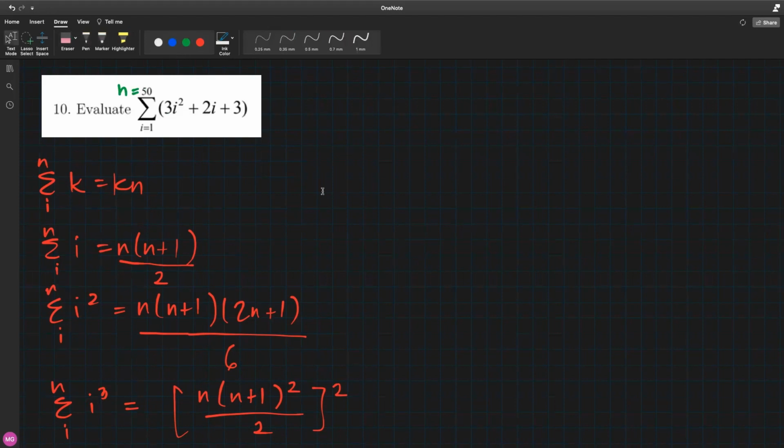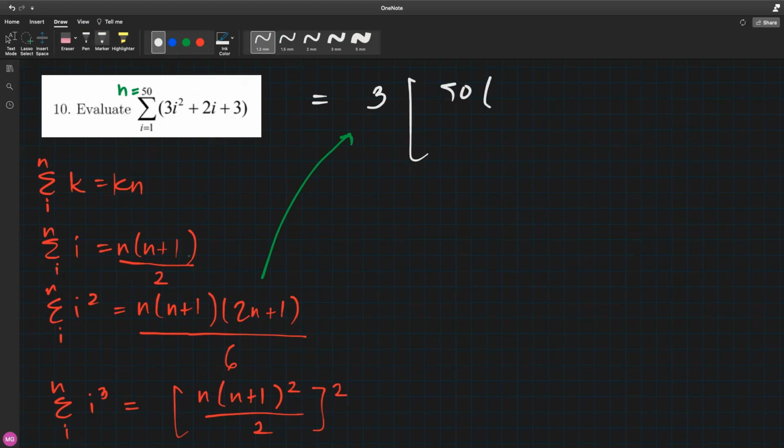So let's start rewriting this. This would just be 3 times the summation of i squared. We will just look at this one. 3 times n, 50, times 50 plus 1, 51, times 100 plus 1, 101, over 6, plus 2 times the summation of i.